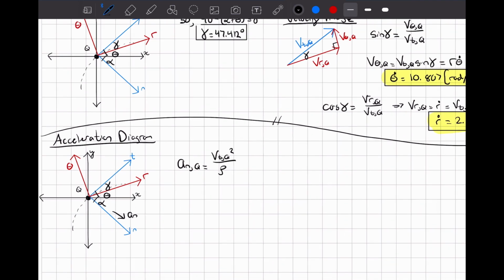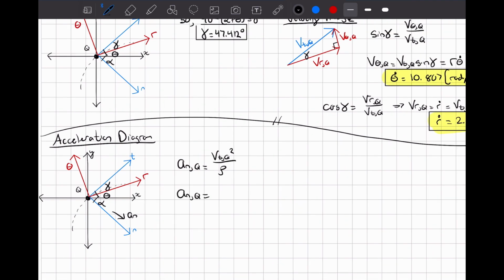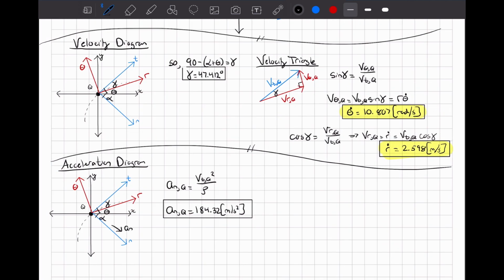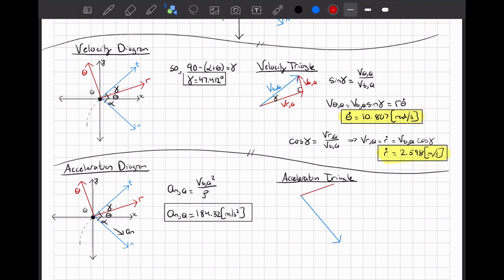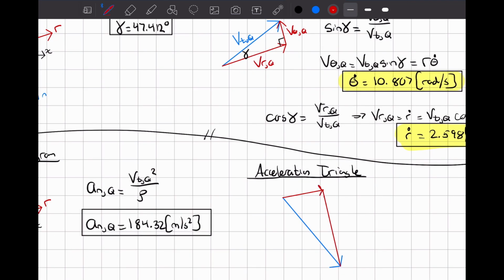And again, this is perhaps a muddy point, because you can have a lot of coordinate systems that can muddle your diagram, but you just want to really keep that straight. Using our normal and tangential coordinate system, we know that the normal acceleration is going to be that tangential velocity squared, all divided by the radius of curvature, all of which we know, so we will just plug in those values and calculate.